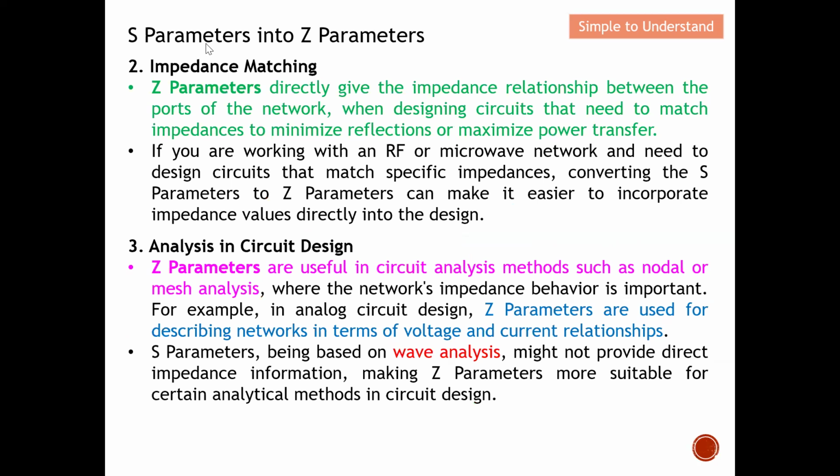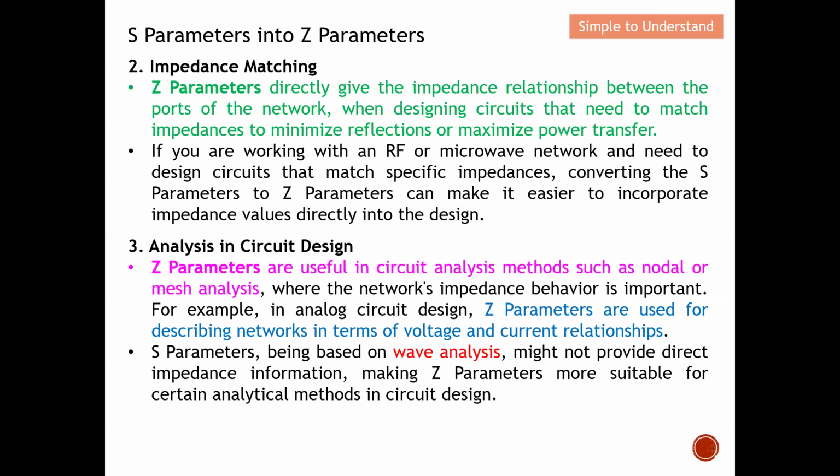The second reason is when we want to do impedance matching, then we consider converting the S parameters into Z parameters. The Z parameters directly give the impedance relationship between the ports of the network when we design circuits that need to match impedance to minimize reflection or maximize power transfer. When we want to do impedance matching, the input must be the same, so it is much easier to look at Z parameters as compared to S parameters.